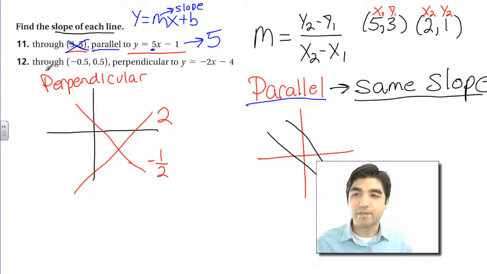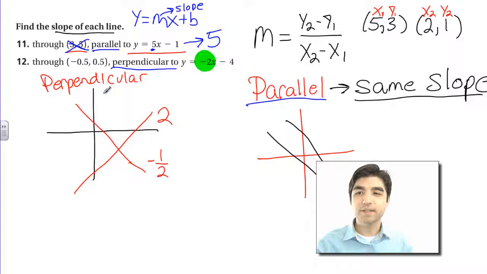Number 12, we have, find the slope of a line that goes through negative 0.5 and 0.5, which is perpendicular to the line y equals negative 2x minus 4. Again, this is in slope-intercept form, which is really cool because we know that the negative 2 is our slope.